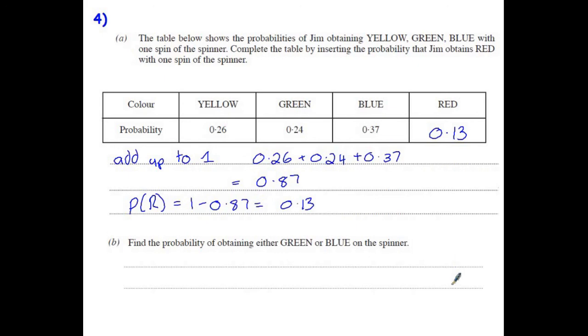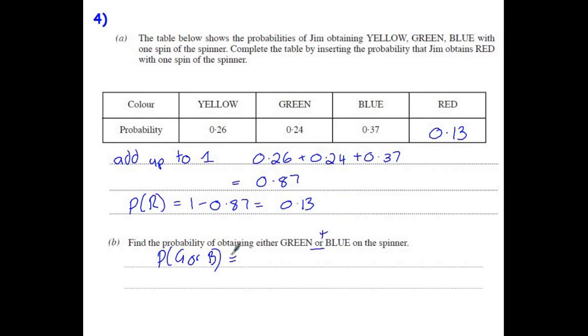Part B of the question, find the probability of obtaining either a green or a blue on the spinner. So the probability of green or blue, again, don't forget this word or means add.